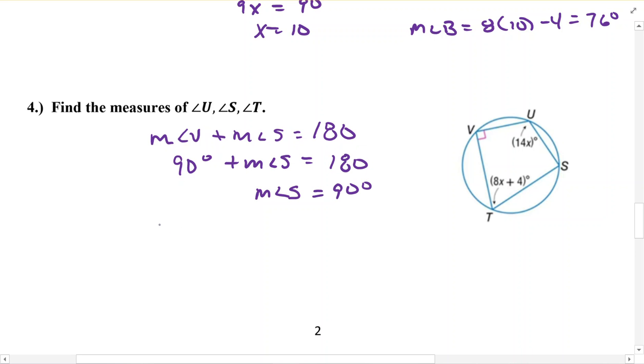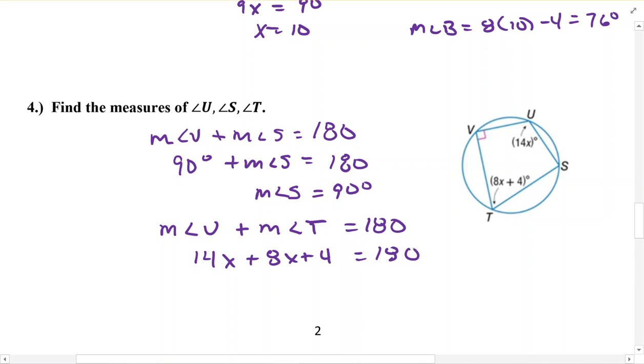We know that the measure of angle U plus the measure of angle T, because they're opposite angles, they're supplementary, is 180 degrees. So 14x plus 8x plus 4 equals 180 degrees. That gives us 22x plus 4 equals 180 degrees. So 22x equals 176.